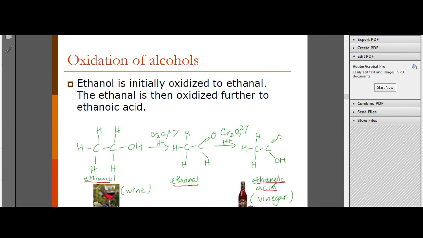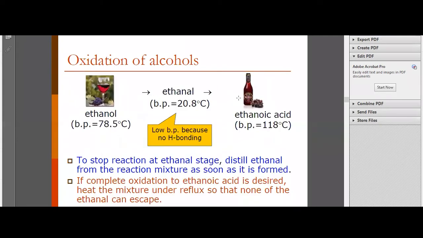But you should remember the conditions for how we stop this process at the aldehyde, ethanal, or continue until ethanoic acid is produced. You should understand the conditions. To stop the reaction at the ethanal stage, we should distill the ethanal from the reaction mixture as soon as it is formed.